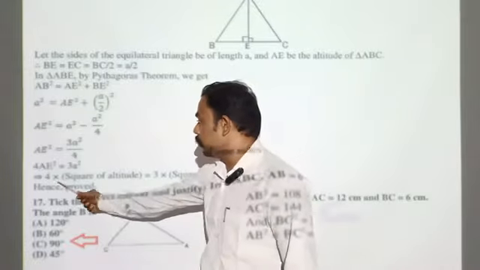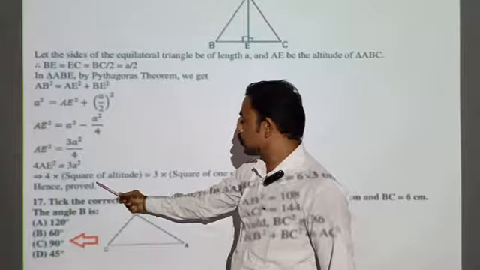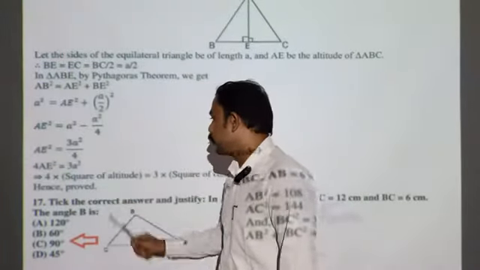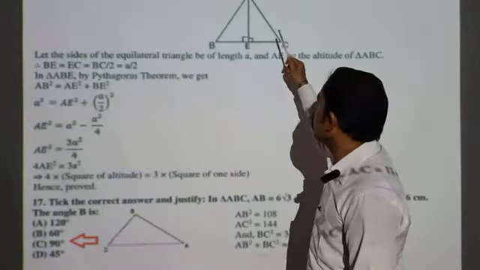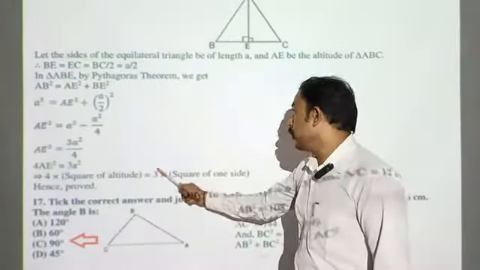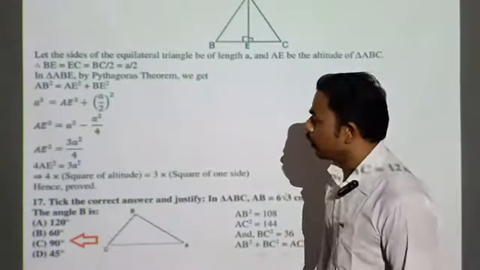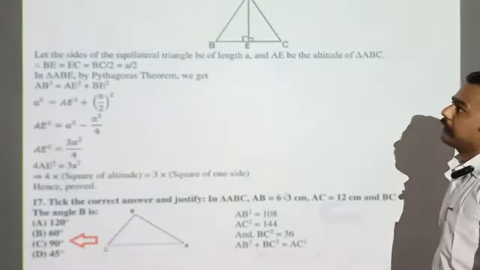So it's nothing but 4 into the altitude squared. So the square of altitude equals 3 times the square of one side, whether we take the side as BC or AB. So this is the problem. Like that we do.